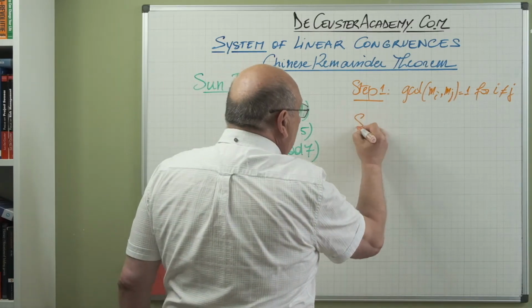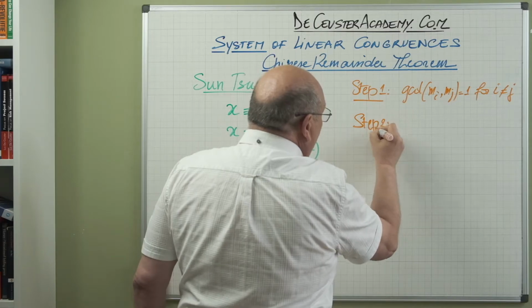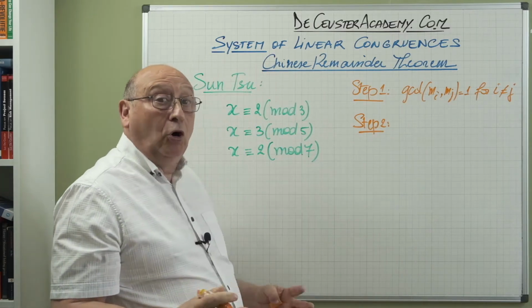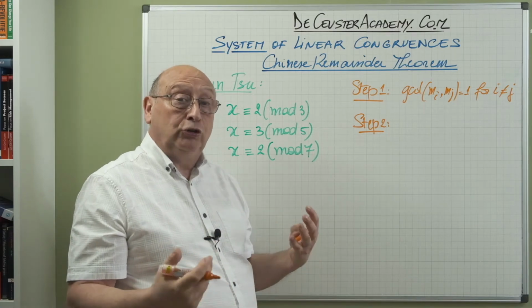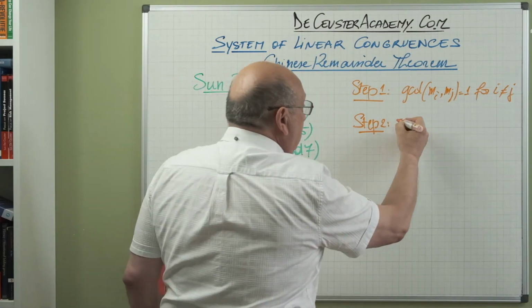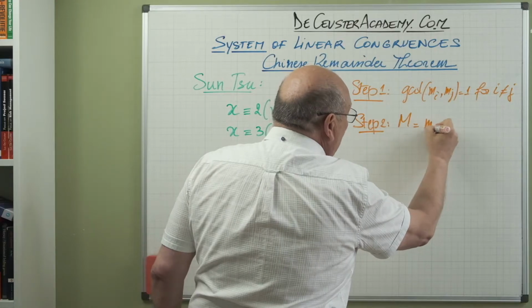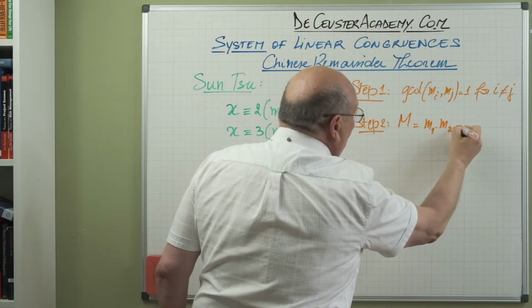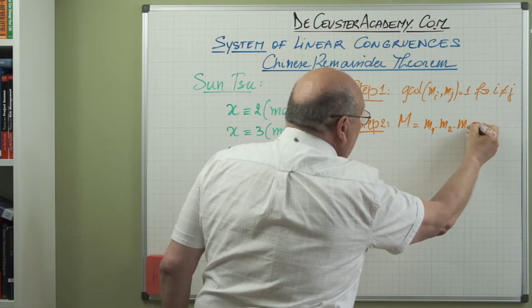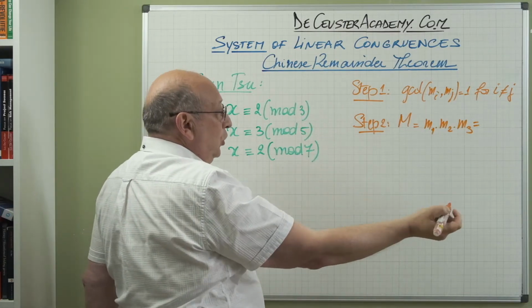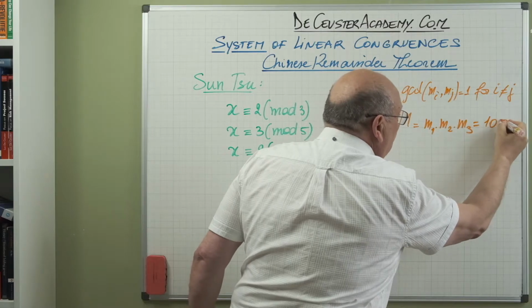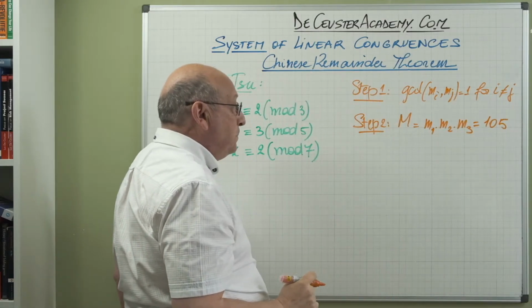Step 2 is in fact determining the modulus because it's a unique solution, modulus m. And modulus m is in this case m1 times m2 times m3, and when we multiply 3 with 5 and 7, we find that this is equal to 105.